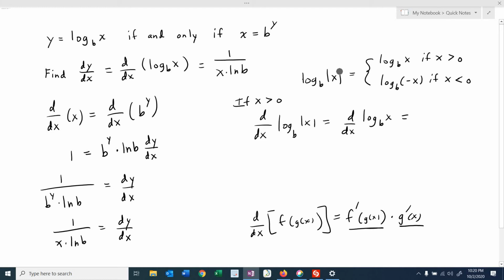And we know the derivative of this, we just found it. All right, it's 1 over x times the natural log of b. But if x is negative, then we can replace this log base b of the absolute value of x with log base b of negative x, because that's what it's equal to if x is negative.